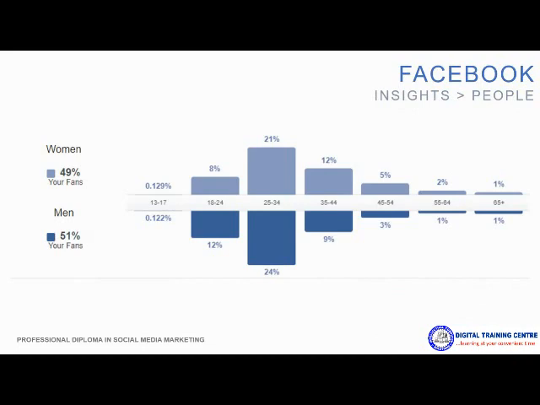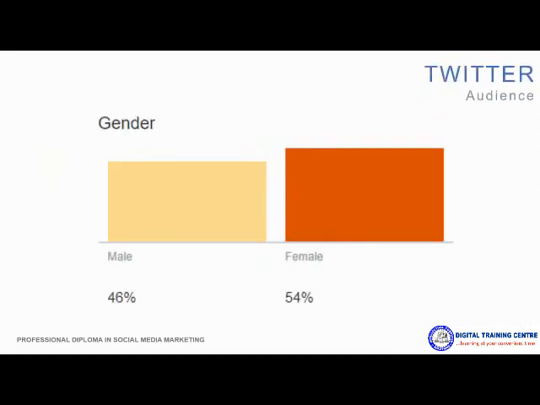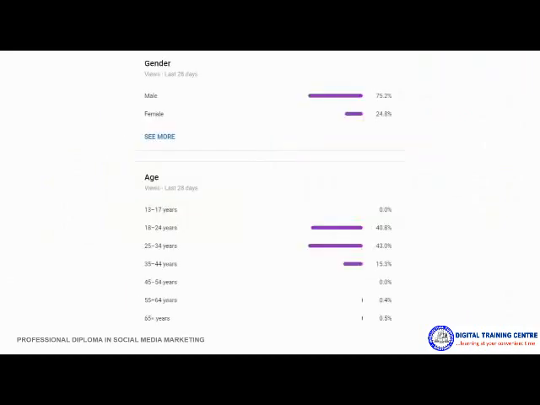We can see we have a relatively even split between women and men, and between the ages of 18 to 44 is our highest target group. If we look at Twitter, if we go to audience, we can see that we have an almost even split between male and females. And then if we look at our YouTube audience, we can see that we have majority male and mostly between the ages of 18 to 44 again.